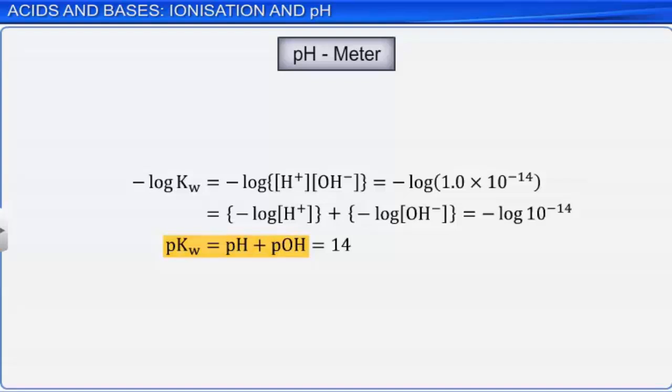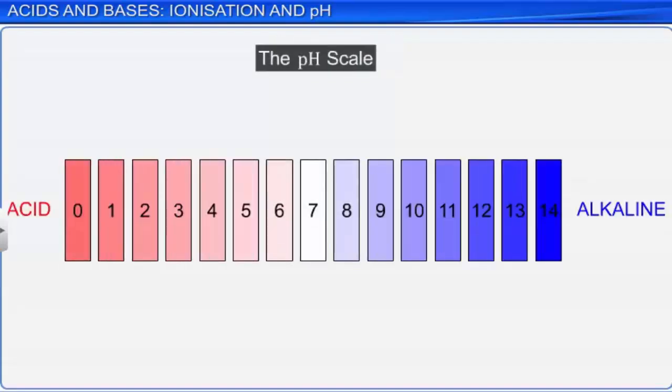Based on the pKw value, the pH scale has markings from 1 to 14, and the nature of a solution as neutral, basic or acidic is determined depending on its value on this scale.